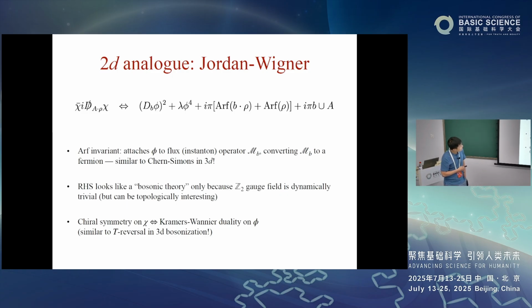It plays the same role as the Chern-Simons term BdB in the previous 3D bosonization, in the sense that if you trace down what this term does, it attaches this phi, this real scalar, this Z2 gauge charge, to a flux or instanton operator of the Z2 gauge field, and converts it to a fermion. Right? So it does pretty much the same thing as what a Chern-Simons term does to a monopole in 3D.